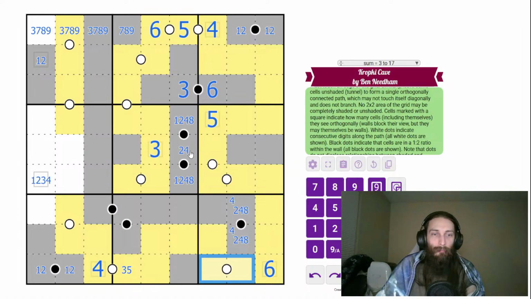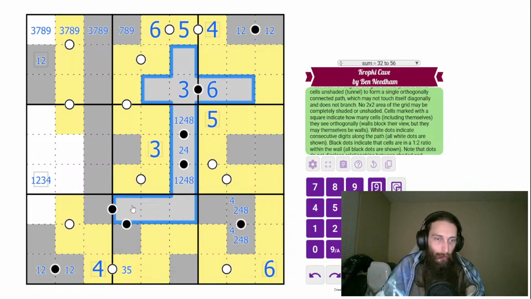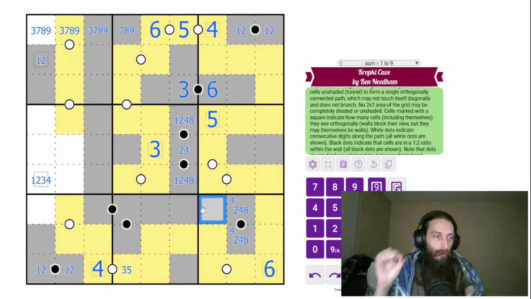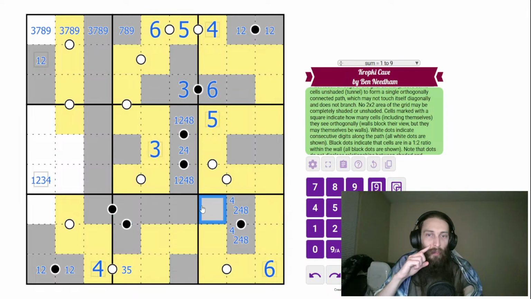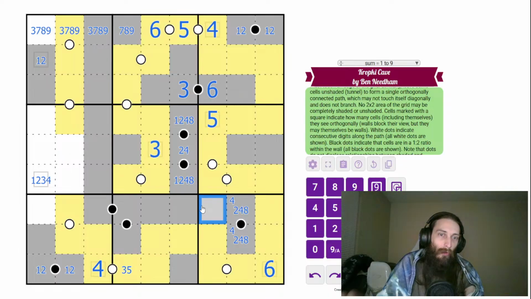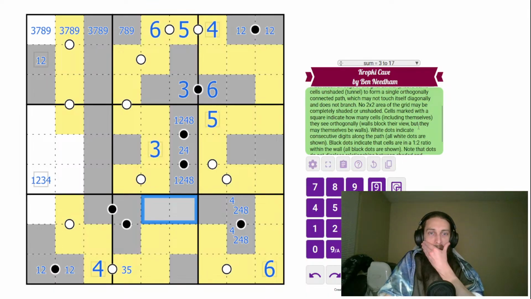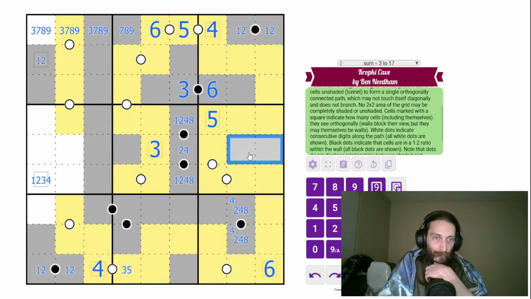In the walls, the gray cells, they cannot be in a 2-to-1 ratio. And on the path, they cannot be consecutive unless the croppy dot is there. So I can have consecutive digits on the walls, and I can have digits in a 2-to-1 ratio on the path, the tunnel.